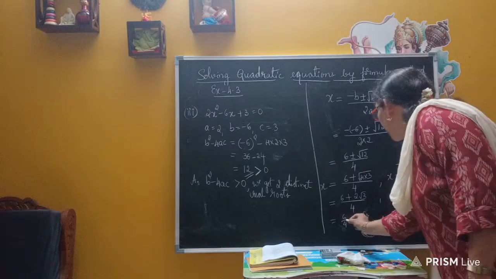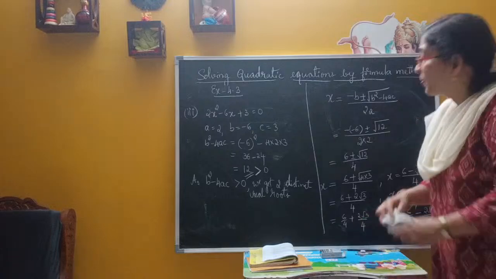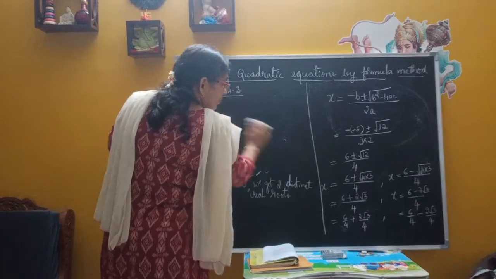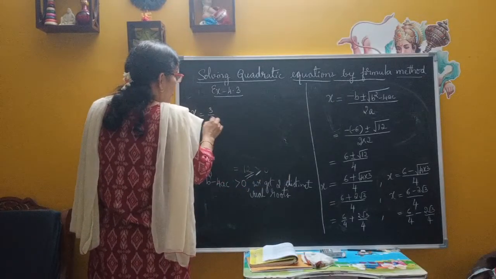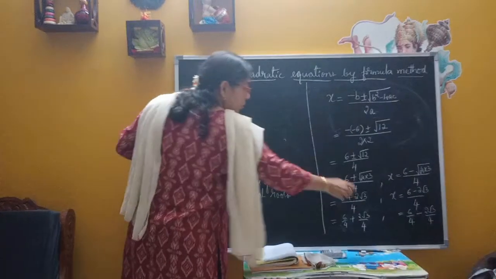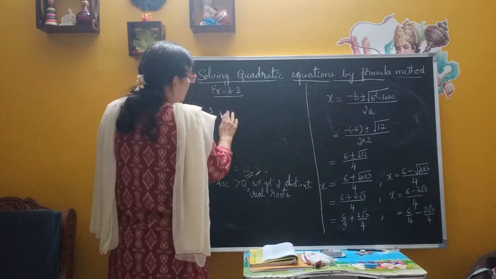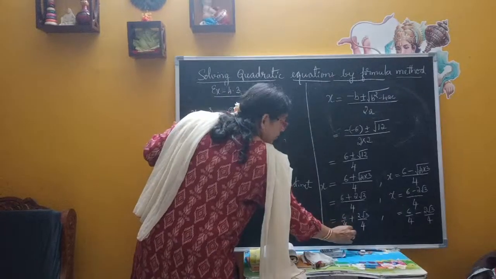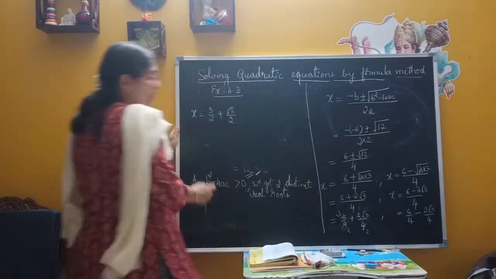What do we get here? 6 by 4 is 3 by 2. So x is equal to first value, 3 by 2 plus 2 root 3 by 4, which is root 3 by 2.